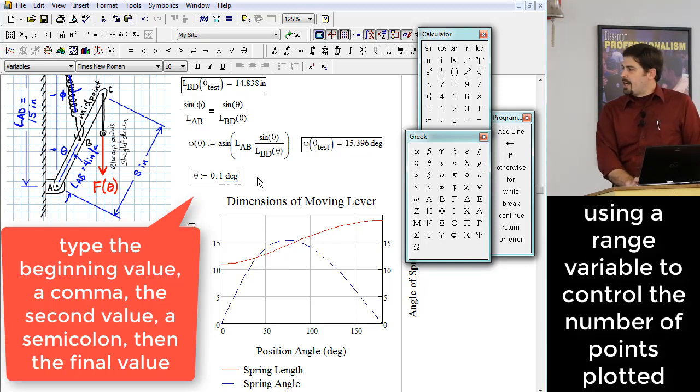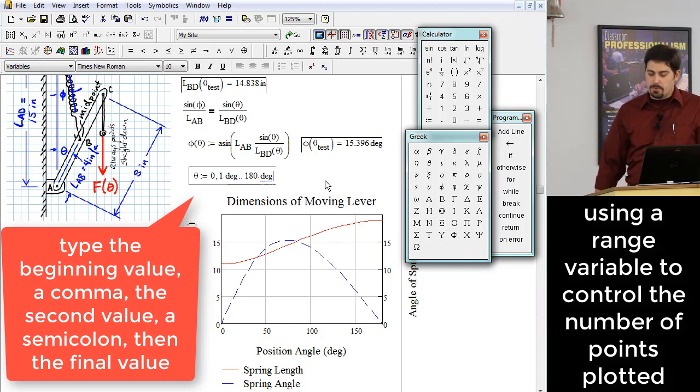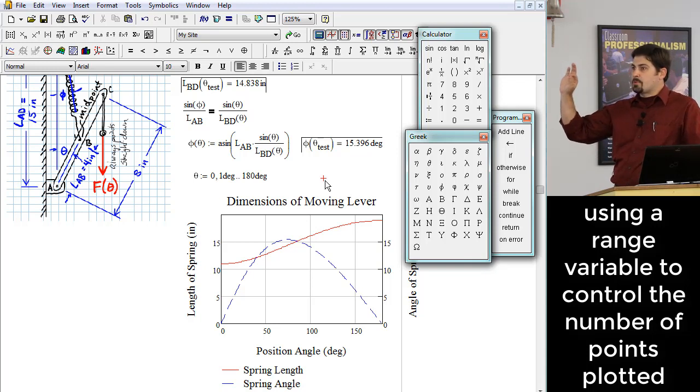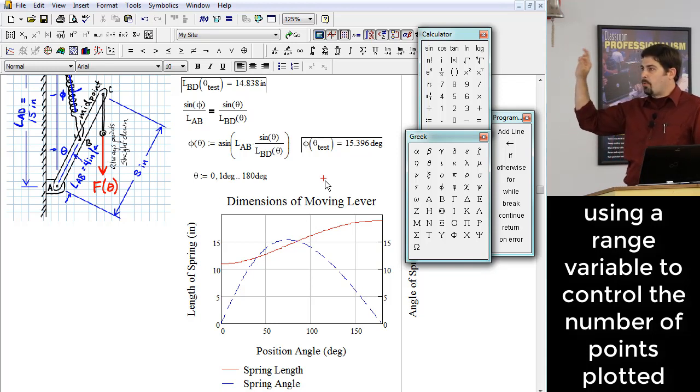It doesn't actually do 3 dots, it does 2, but the keystroke to get that is a semicolon. All right, and you go up to the final value that you would like it to get to. Okay, and I know it didn't change look much there, but it has now set it up to where every degree I have another data point.